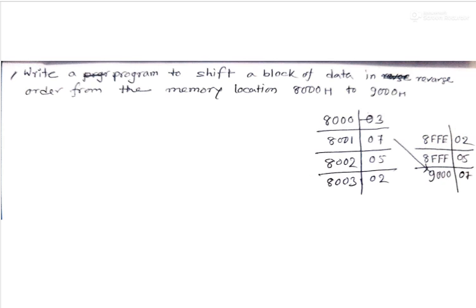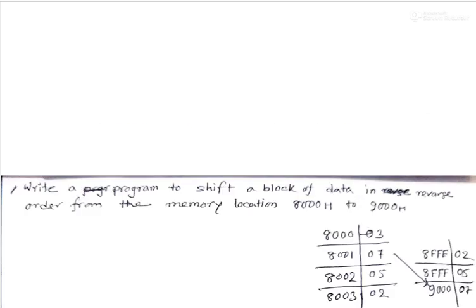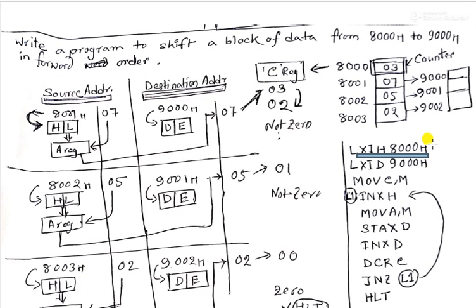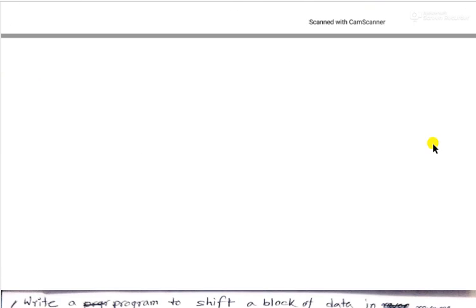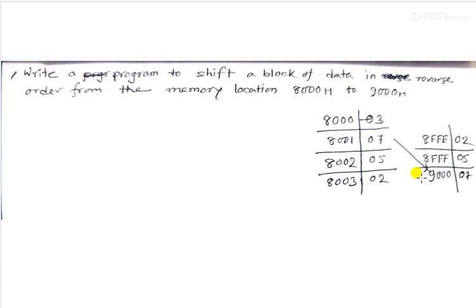Okay, so here the basic things are the same. We have to move like this way, but the change is here. We have to save this content in reverse order.